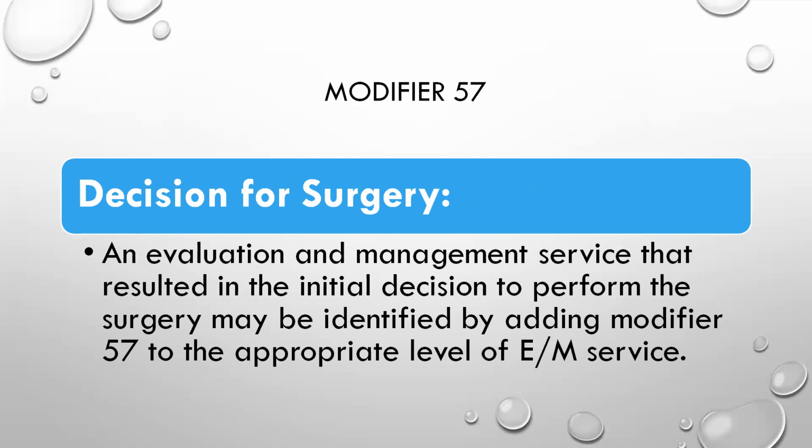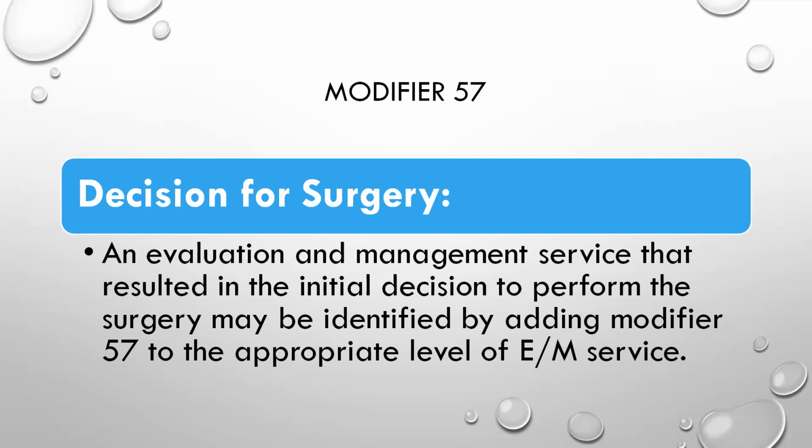So let's talk about modifier 57. So modifier 57 is going to be your decision for surgery. So a couple very important key points for modifier 57 is that you're only going to append that to your E&M service if it is the day prior to surgery and they make the decision, or the day of surgery and they make the decision.